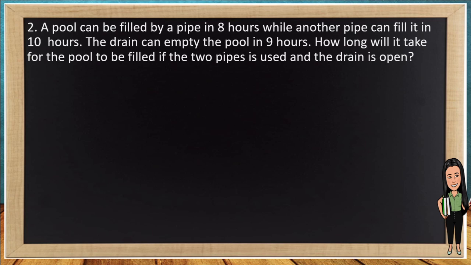However, merong isa na nag-a-undo nung ginagawa ng dalawang pipes. While the two pipes are filling the pool, the drain is emptying the pool. So the question is, how long will it take for the pool to be filled if the two pipes are used and the drain is open?